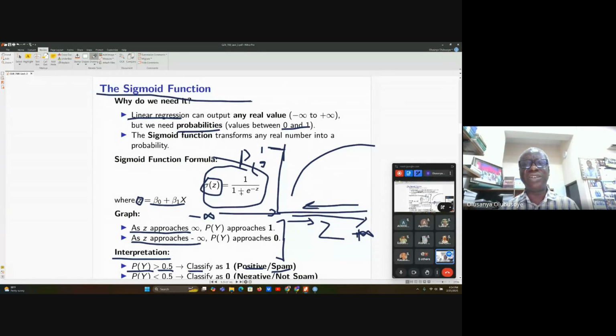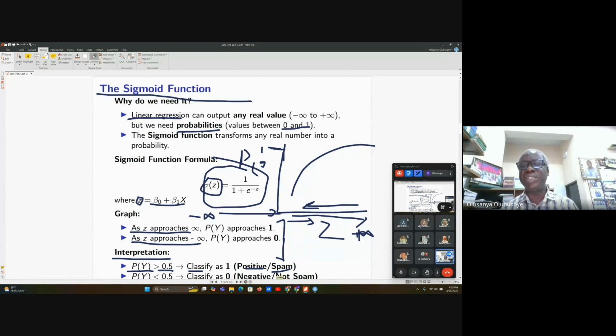When we calculate this probability, and it gives us a value that is above 0.5, then we will say it's close to 1 enough. If we are dealing with comment, we can say the comment is positive.